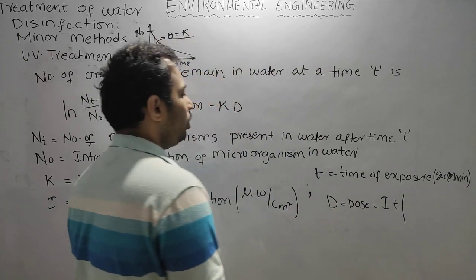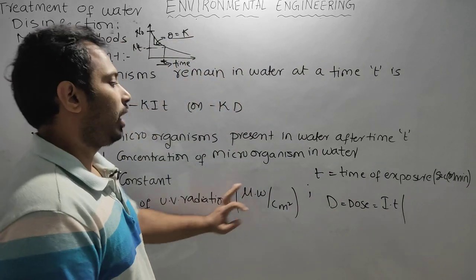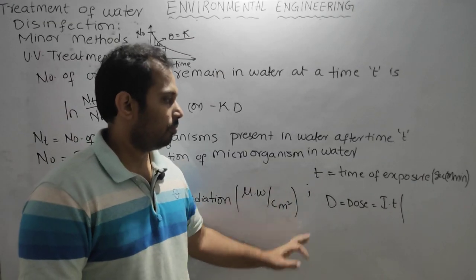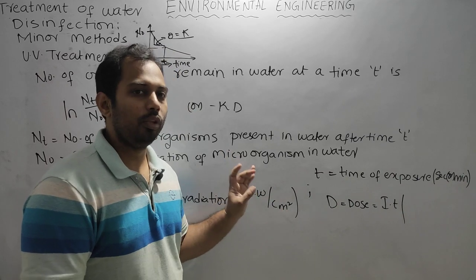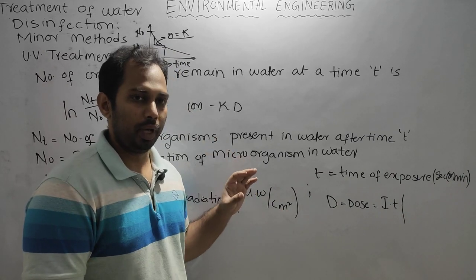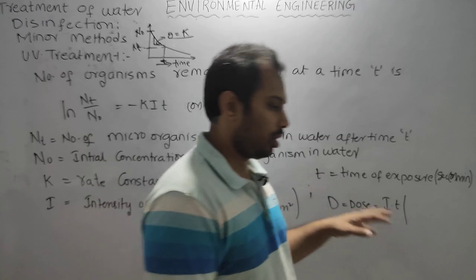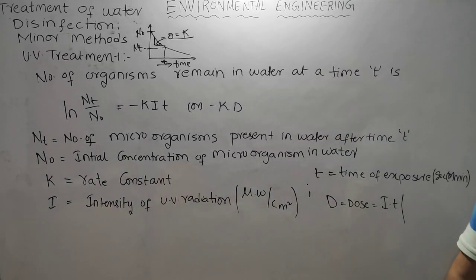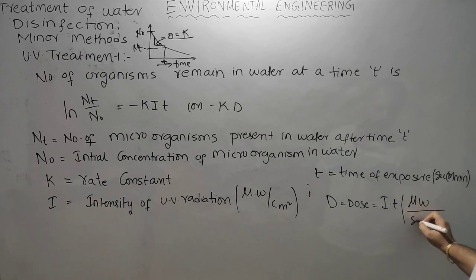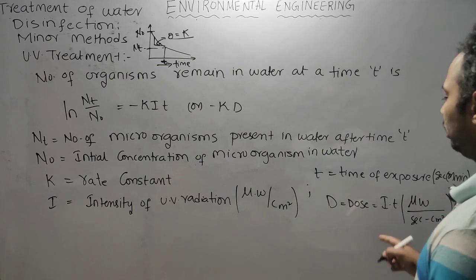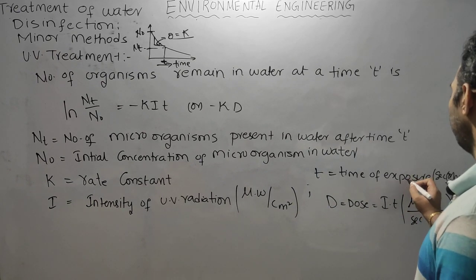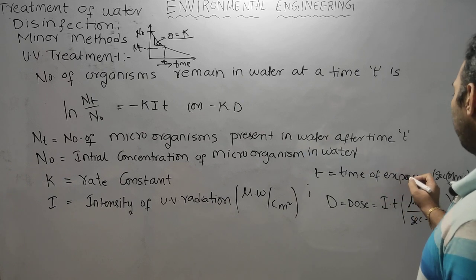Sometimes they won't give you the intensity and the time of exposure or time of contact. They will directly give you the dose of the UV radiation. Dosage is nothing but the product of I and t, so the unit is microwatt second per centimeter square. The time of exposure is also called time of contact.